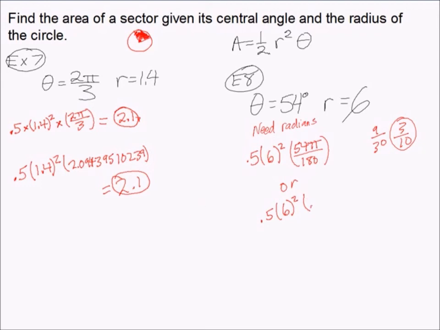It would be 0.09424777796. Okay, and there's some more, but we need enough decimal places. And this is your radians right here. So you plug all this into your calculator, either this way or this way, you're going to get 5.7.